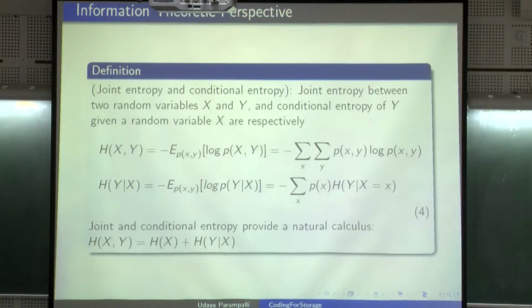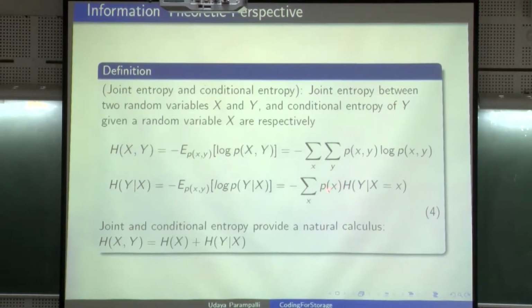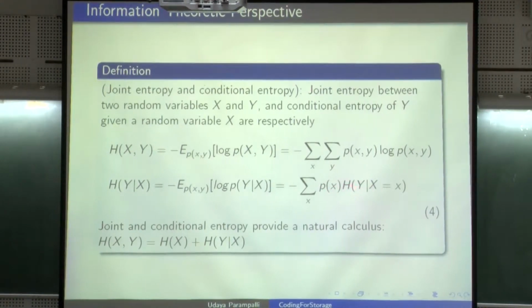I think this is quite clear, right? Similarly, the entropy of a random variable Y given X is the probability of X happening times the entropy of Y given that X equals a particular x, summed over all x. This is the conditional entropy.